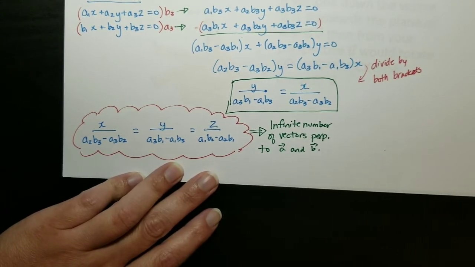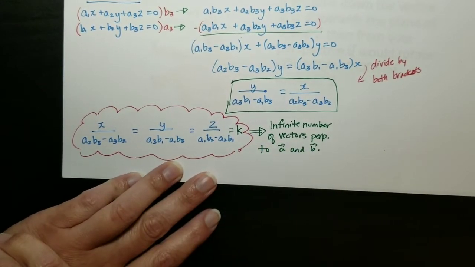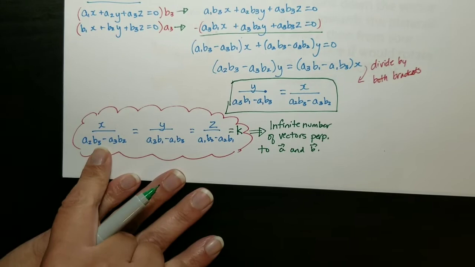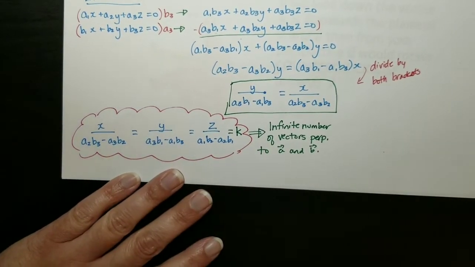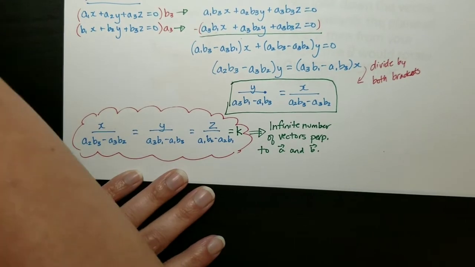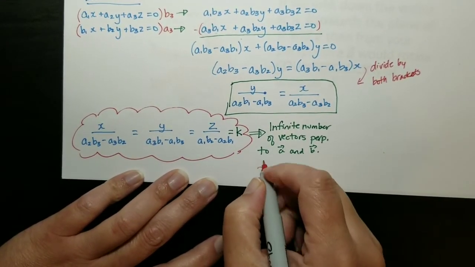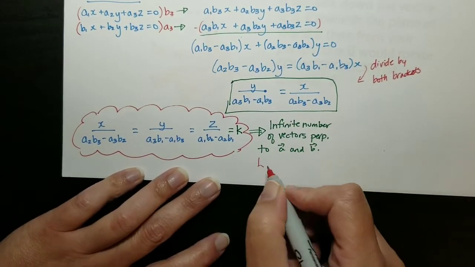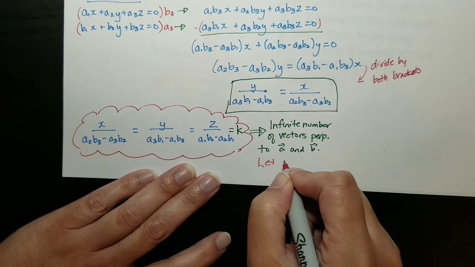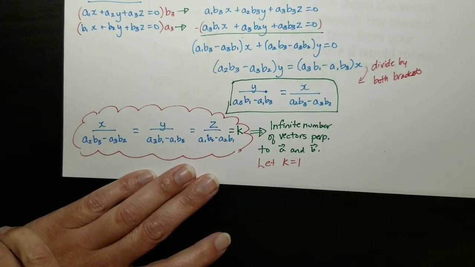Fairly arbitrarily, I'm going to say let this equal K, some constant. This ratio is equal to each other. It has to be equal to something. So just to make our math easier, we're going to pick one of these infinite number of possibilities, and I'm just going to say let K equal 1, because that's the easiest thing to do.